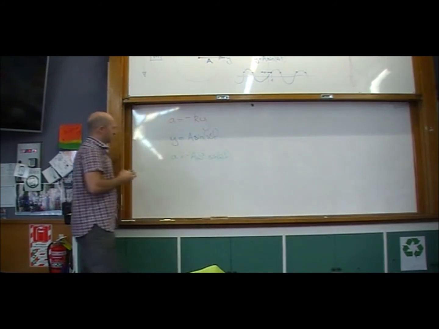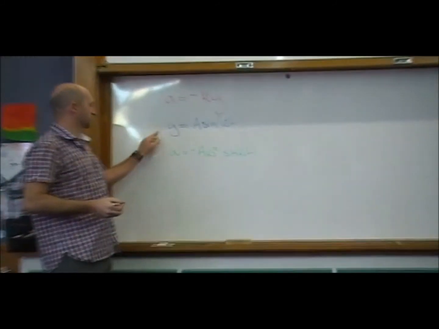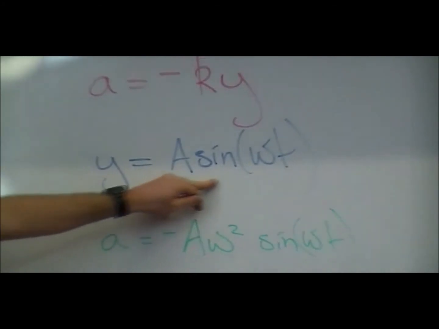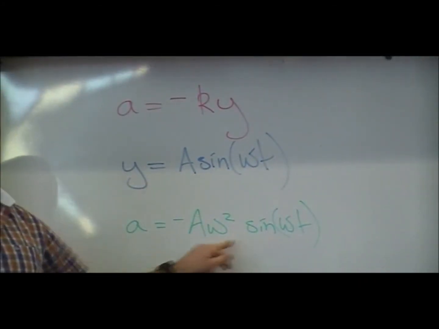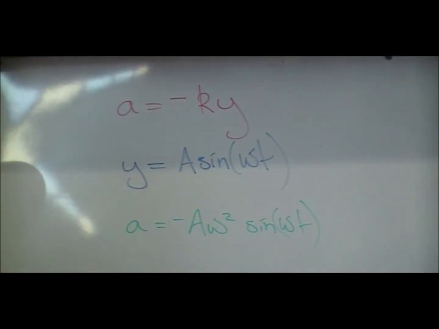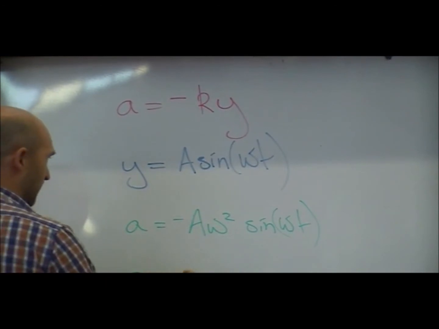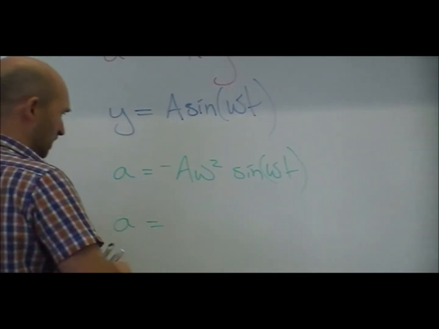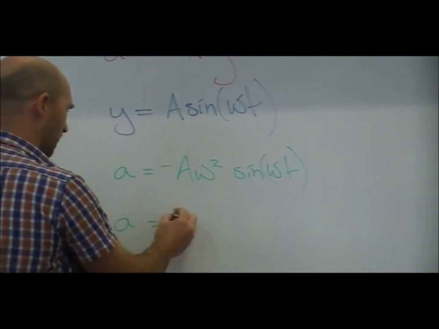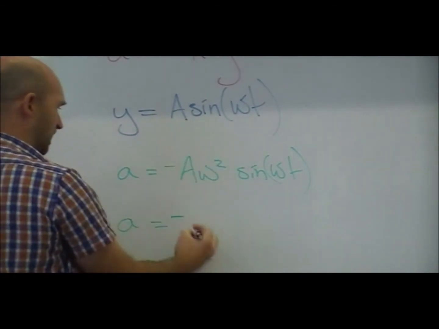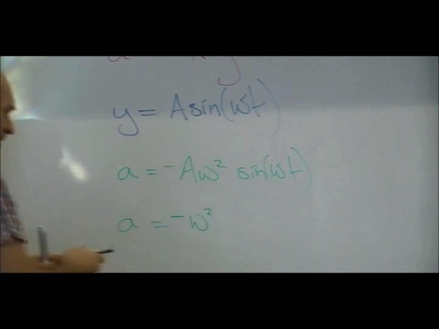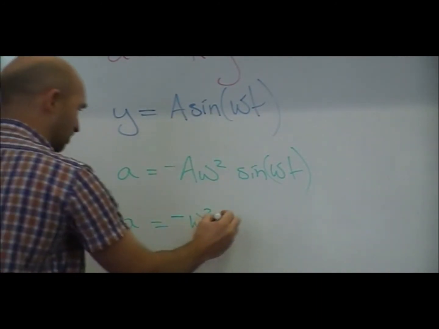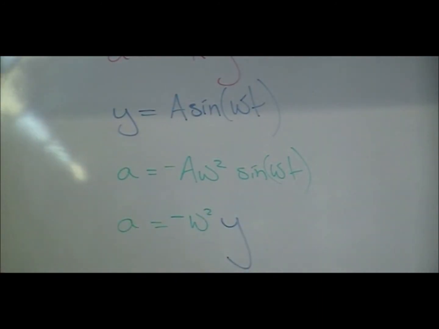So compare these two equations here. We're like, well, A sin omega t, there's an awful lot of that down here, isn't there? So let's just rewrite acceleration as, well, what are the important things? We've got a minus sign, negative, that's not up there, and we've got an omega squared. But apart from that, it's just y.